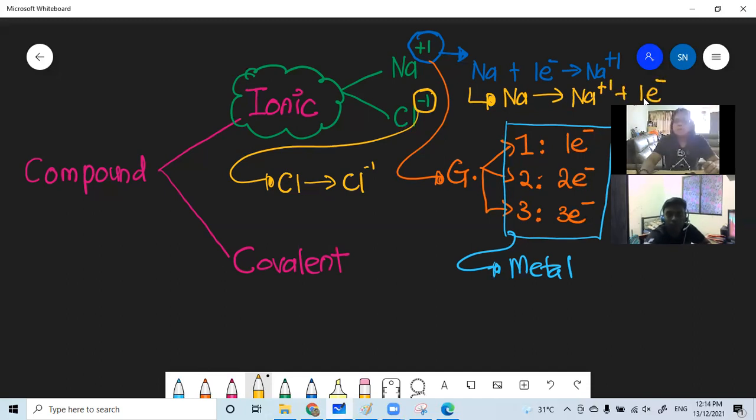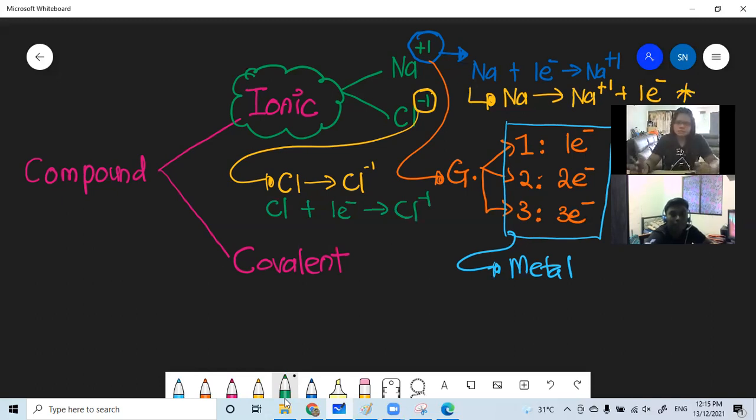That means this atom becomes an ionic form if it loses 1 electron. These are the terms to divide them into which one is negative and which one is positive.